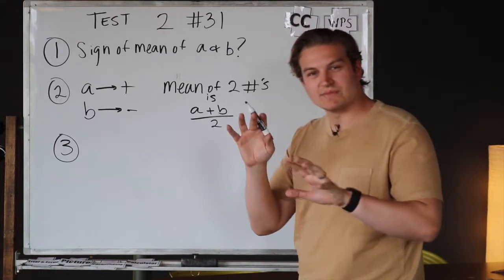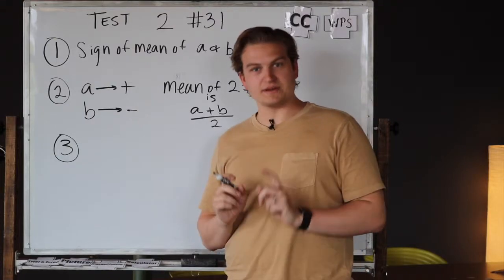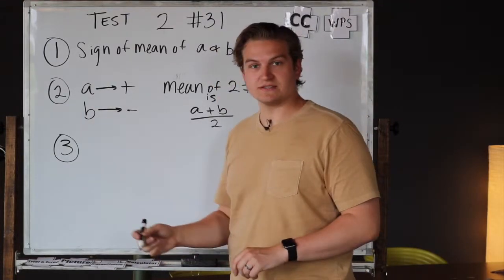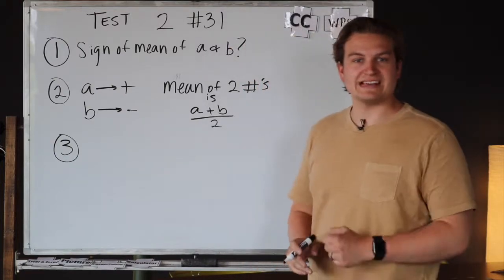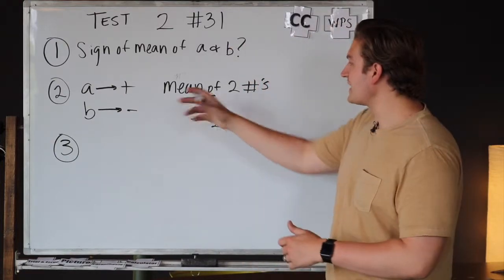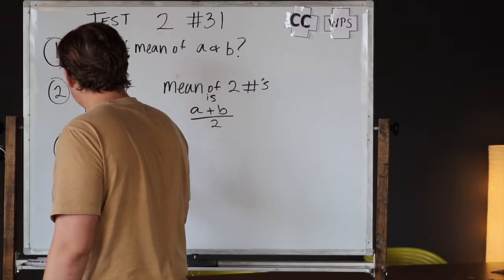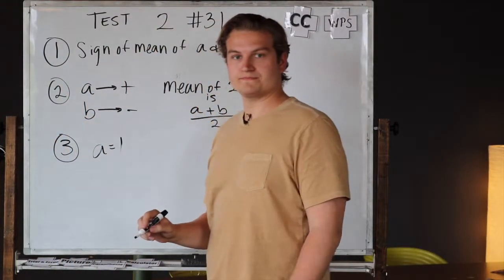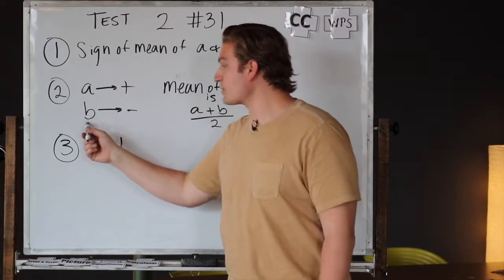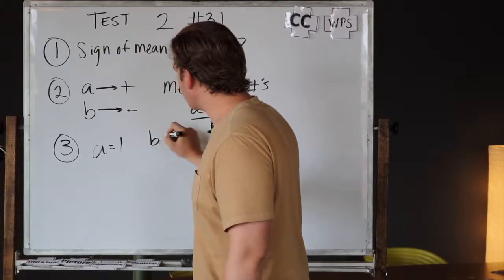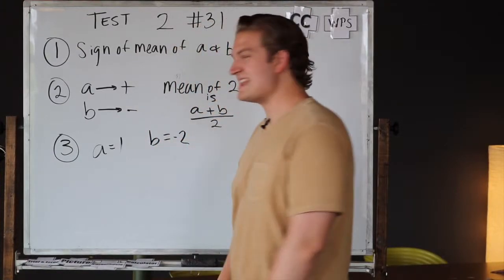Well, I want to show you something that makes this just a little bit trickier. It doesn't tell us what number A or B is, so let's examine a couple of cases for ourselves. We know that A is positive, so let's say, just for fun, that A is equal to 1. And again, it doesn't tell us what number B is, but it tells us it's negative. So let's say that B is negative 2.